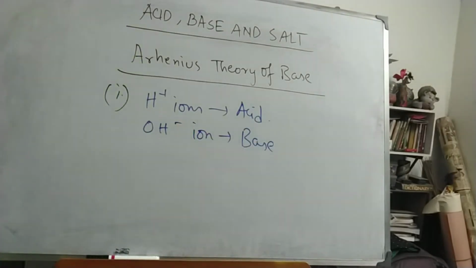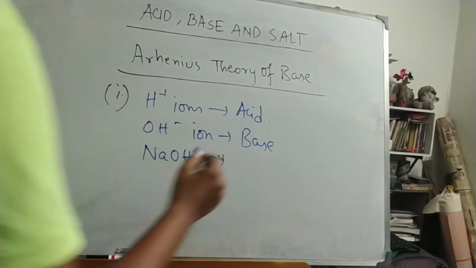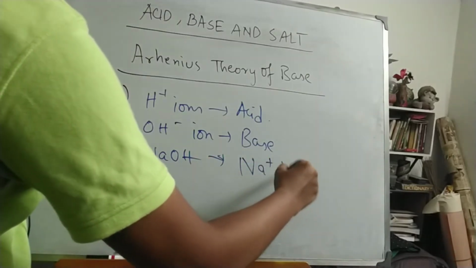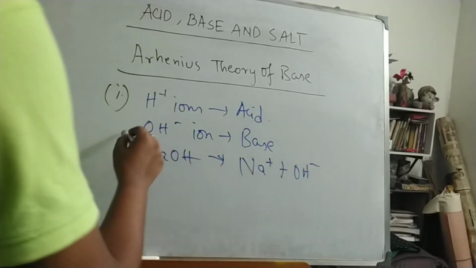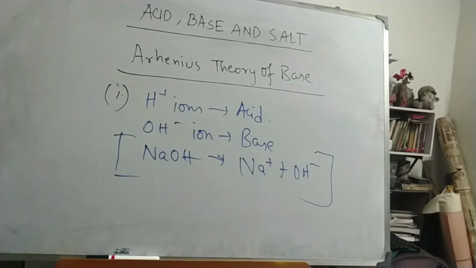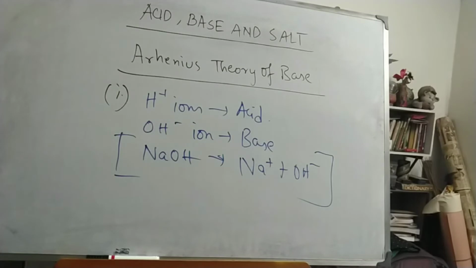I will give you one example, that is NaOH will give you Na plus and OH minus. In acid, H plus ions are taken to dissolve in water, and here OH minus ions are taken to dissolve in water. So Arrhenius theory of base is proved, OH minus ions are needed.